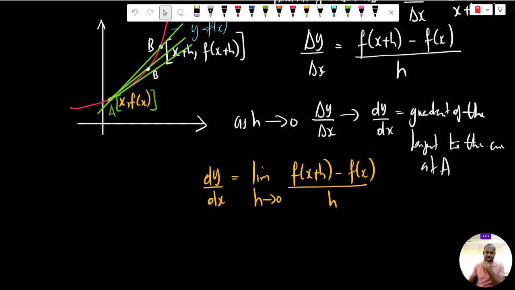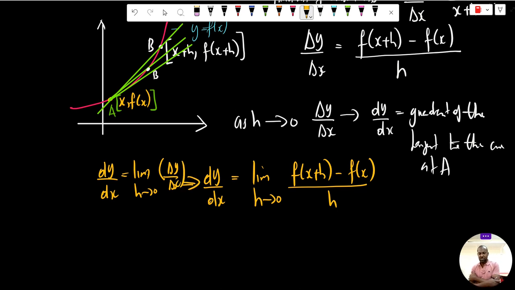Because dy by dx, as I said, is equal to the limit as h approaches 0 of delta y over delta x. And therefore, that is what we get. So by definition, the derivative is equal to the limit of f of x plus h minus f of x over h as h approaches 0.